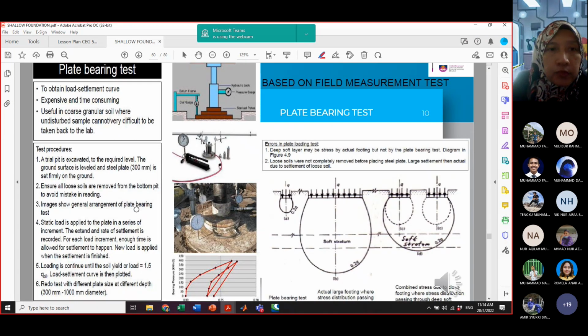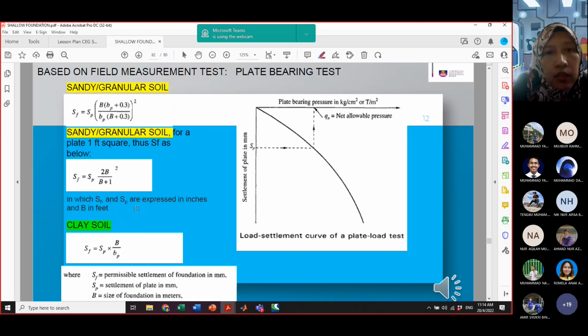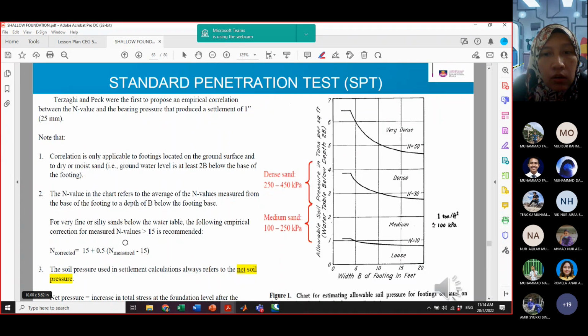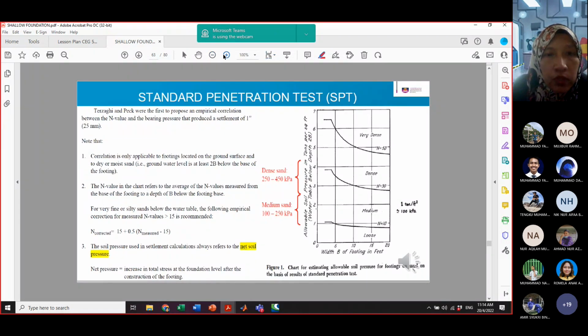Okay, ada juga kita estimate settlement from the plate bearing test. Okay, kalau plate bearing test ni you have to check lah this formula closely, sama ada plate bearing test on sand ataupun plate bearing test on clay. There are few assumptions or conditions yang you can follow to suit with the formula lah.